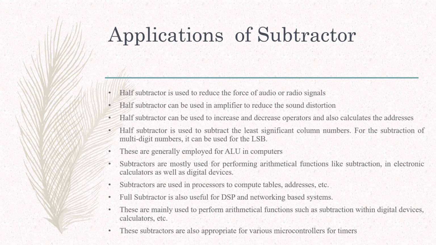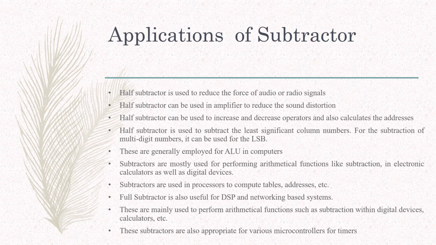It is also used to increase and decrease operators and also calculates addresses. It is used to subtract the least significant column numbers for the subtraction of multi-digit numbers. It can be used for the LSB. These subtractors can be employed in the ALU in computers.